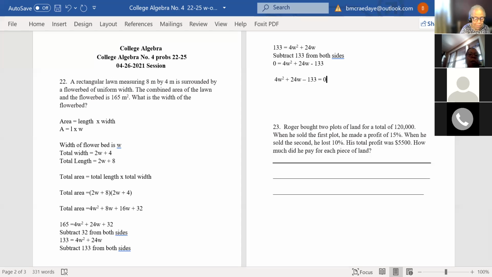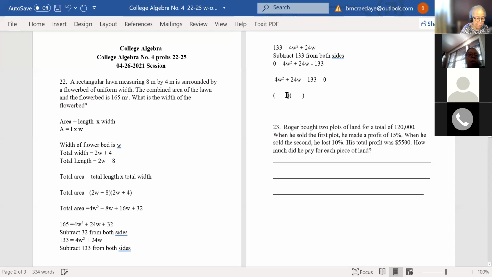Now, let's factor this quadratic. Okay. I'll just put the parentheses.